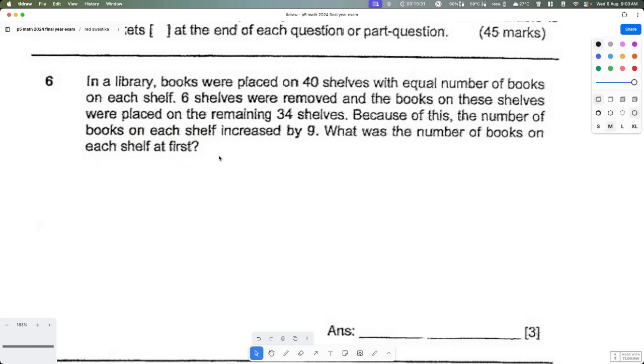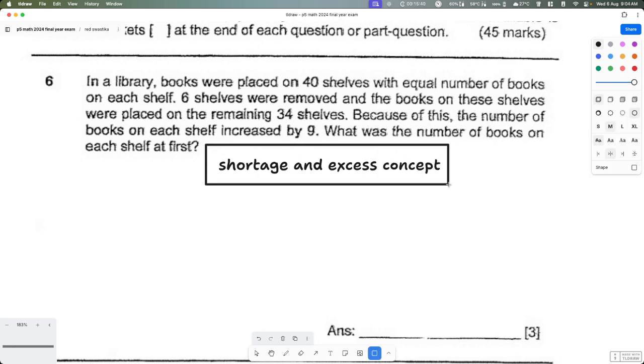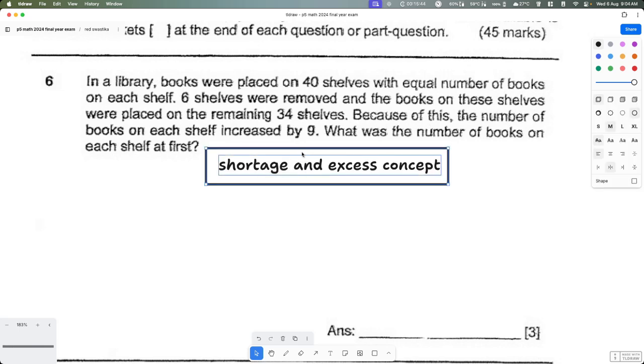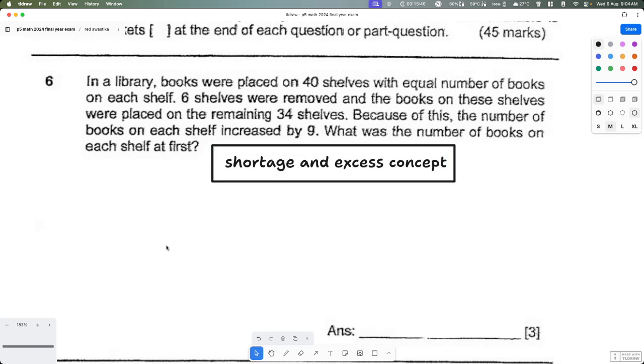Okay, so this is shortage and excess concept. Okay, so there's two ways to do this, but for me, I like to do the number value kind of thing. Okay, so we can say that let one unit be number of books.